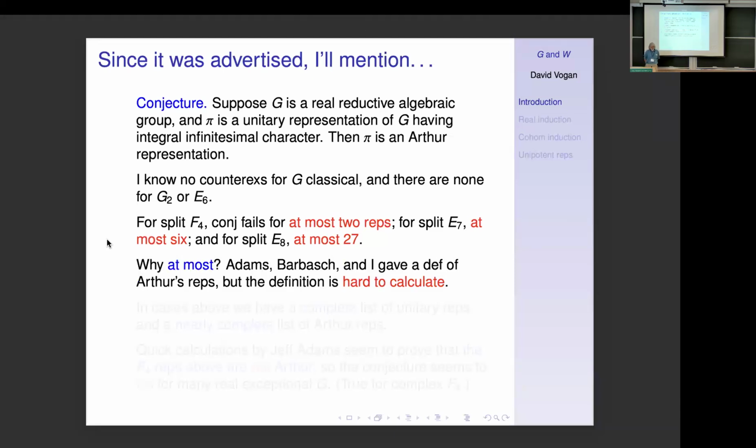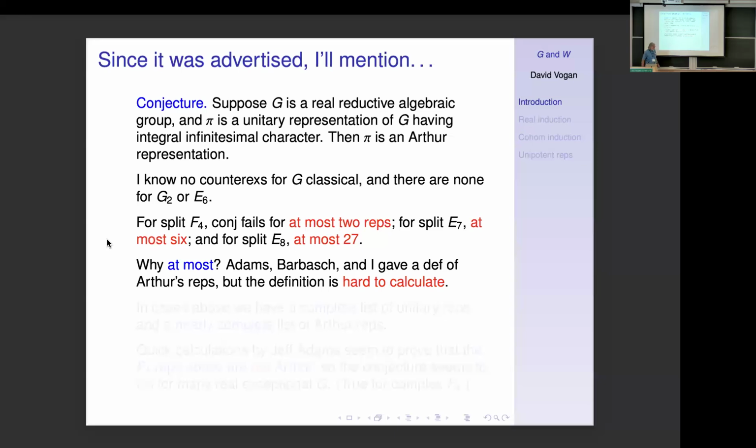So why do I say it fails for at most these cases? For exceptional groups, Adams, Barbash and I gave a definition of Arthur's packets, but the definition is quite difficult to compute. And to be completely honest, we don't completely know how to compute it.